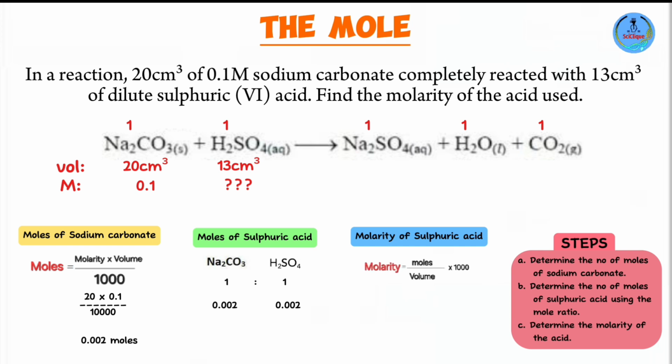We know its volume. We also know the moles. So we can use this formula to calculate the molarity. Molarity is given by moles over volume multiplied by 1000. 0.002 over 13 cubic centimeters multiplied by 1000 gives us the molarity as 0.1538 M. And guys, it's a capital M standing for molarity.